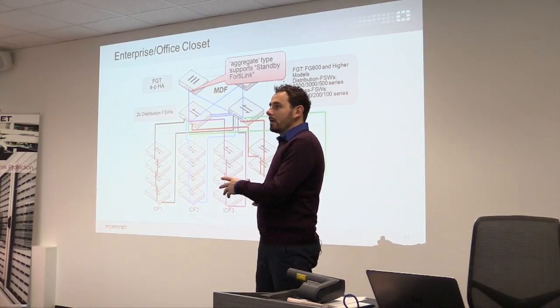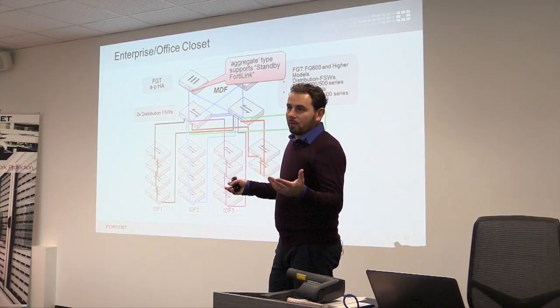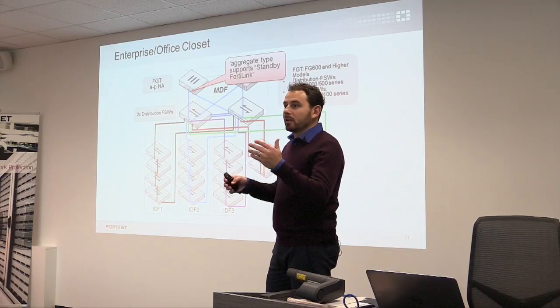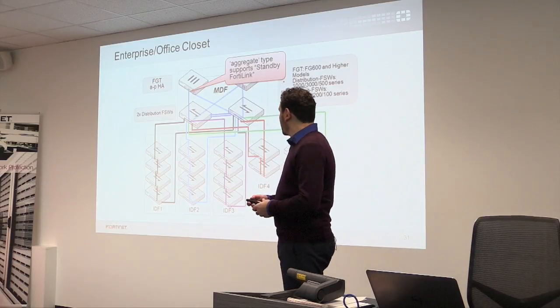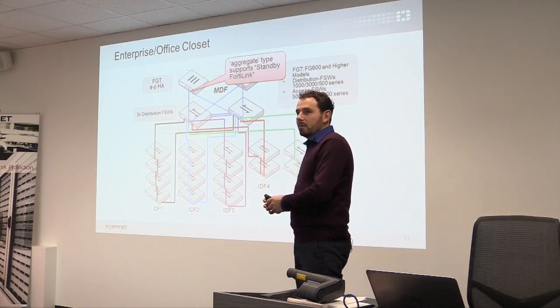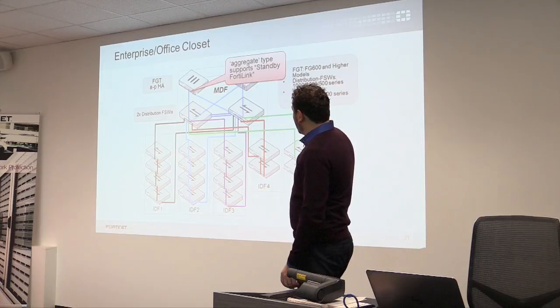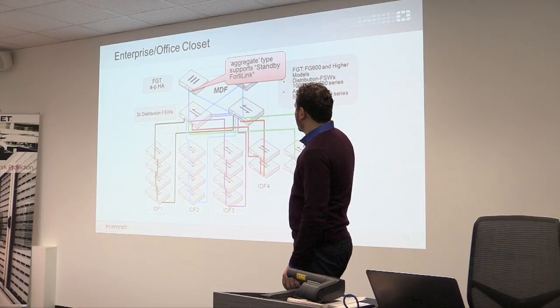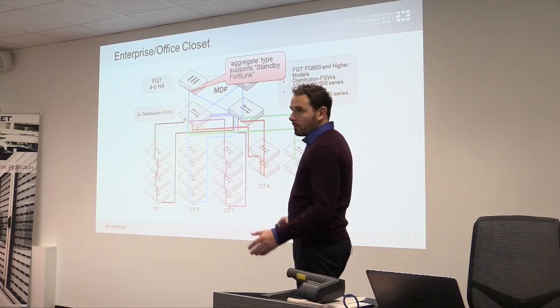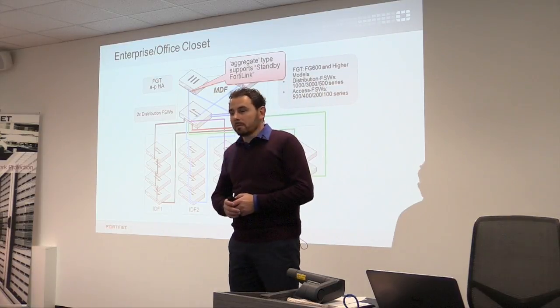This is one type that is recommended, but variations can also exist, so we can discuss, but I'm going to focus on this specific diagram. So we have two distribution switches. They have fully meshed connection with the FortiGate, right? And also between each other, so they can form the inter-switch connections.